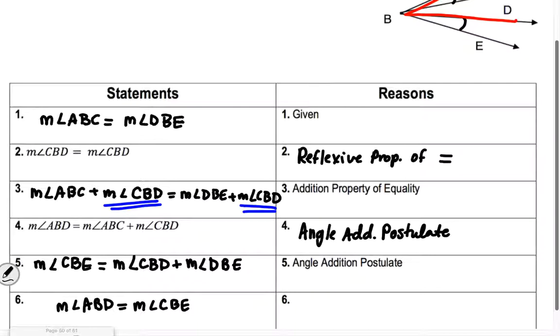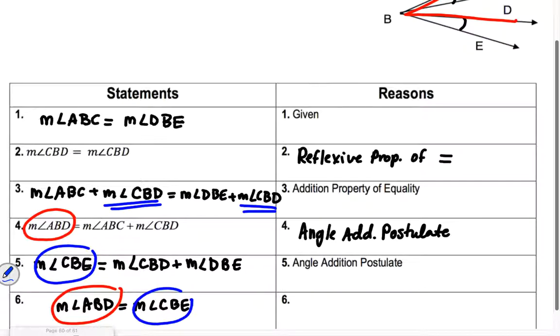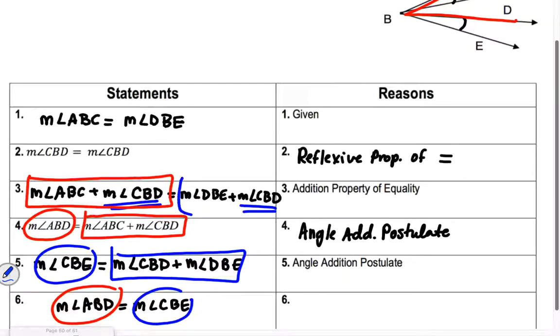Okay, let's look for these keys in here. So we got this is right here, right? And we got this is right here. Well, where else did we have that? So this red one is equal to this, right? The red one is equal to this. The blue one is equal to this. Isn't that right here as well? So do we have red equals blue?